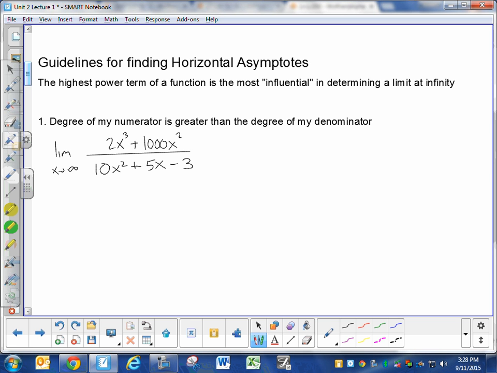And the key to these guidelines is this fact. The highest power term of a function, in the numerator and denominator, is the most influential in determining a limit at infinity.